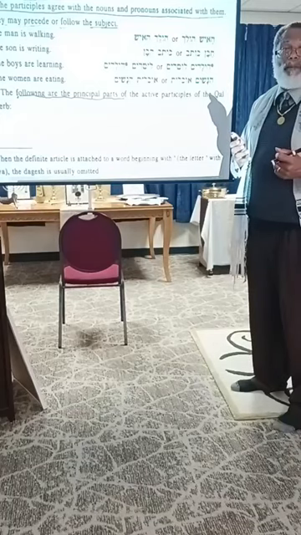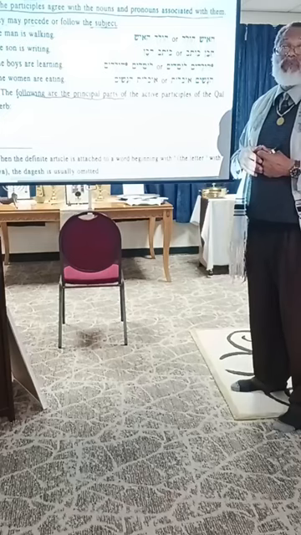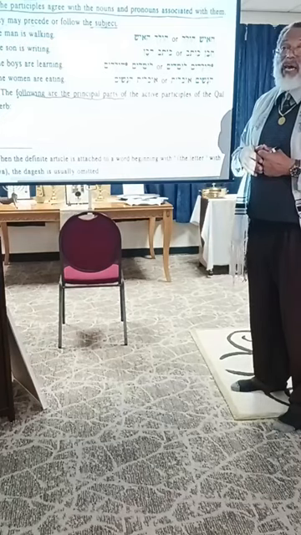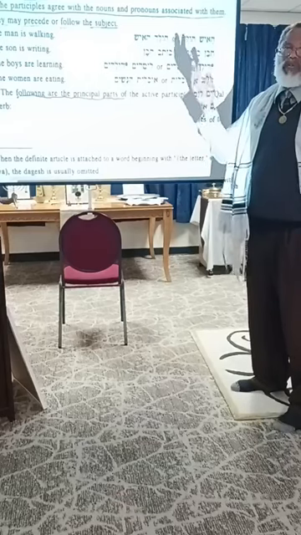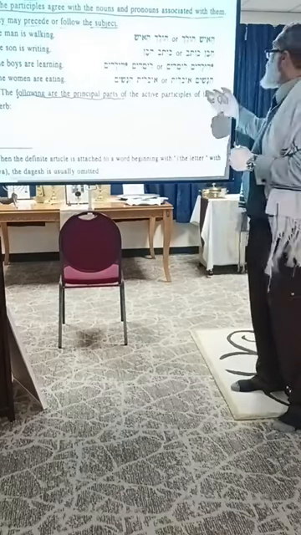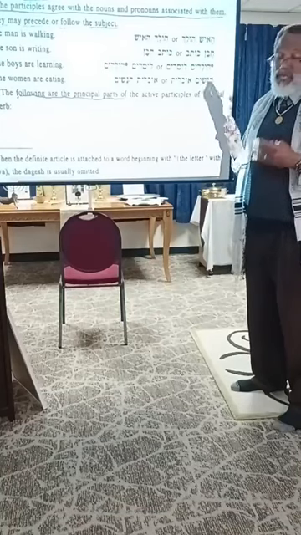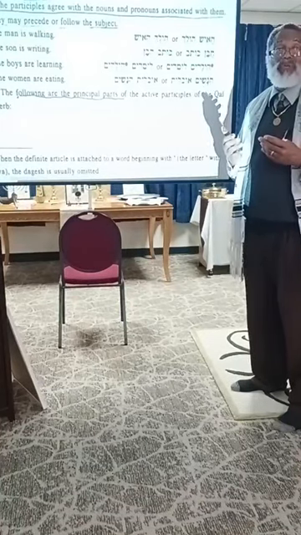So if you say fathers, you'll say abot. Not abim, abot. How does that work? It is what it is. That's how it is in the language. In this case, with women in plural, it's the same way. It has a plural masculine ending, but it is regarded as a feminine word.